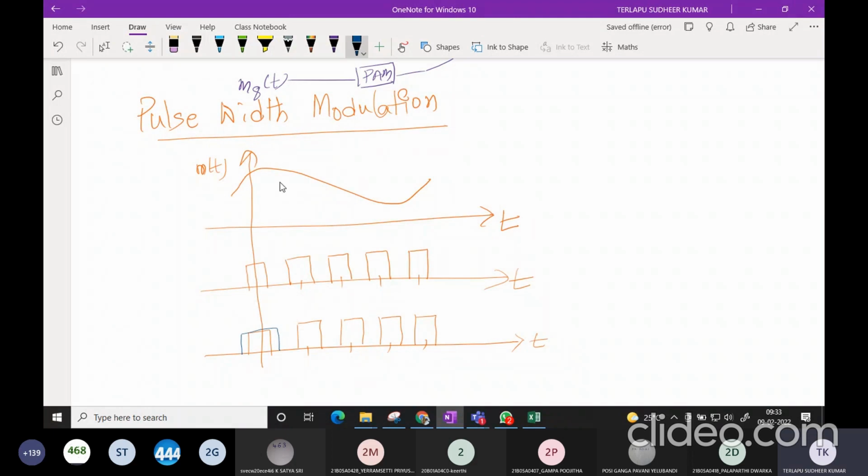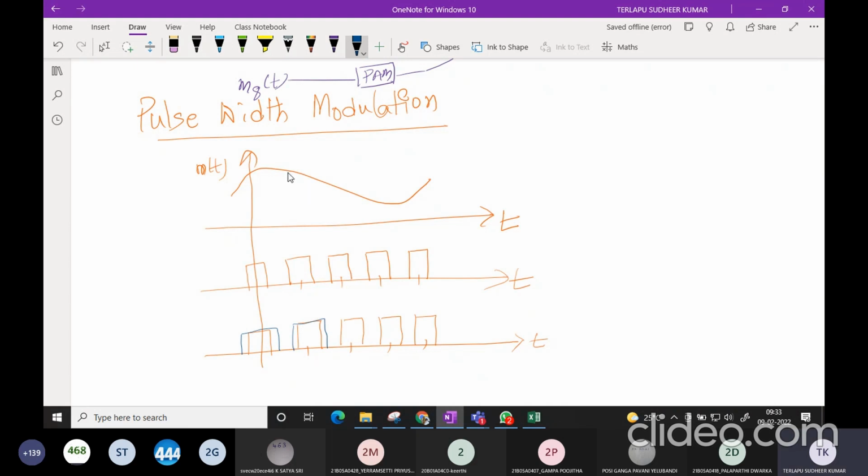Now if I come here, it slowly decreases, right? My amplitude of the pulse is decreased. So compared to previous pulse width, now my pulse width is decreased. But compared to original pulse width of an unmodulated carrier, it is still increased.